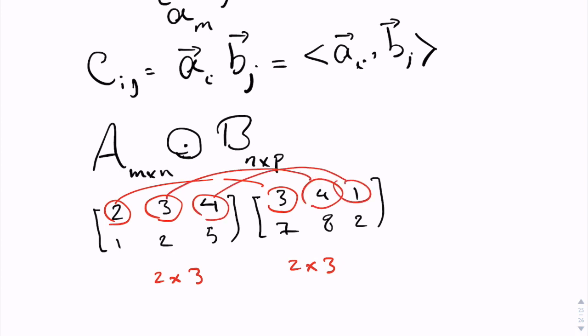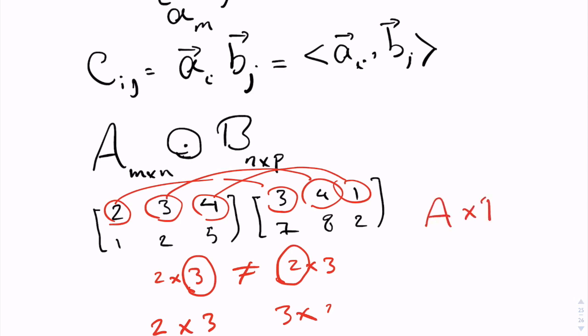The same for the second row, but I cannot do matrix multiplication because the number of columns of the first matrix is not equal to the number of rows of the second matrix. They're not equal. In order to be able to do this matrix multiplication, I need to have this matrix 2 by 3, and this one should be 3 by something, another number. So make sure that these two notations are different. In here for element-wise, we use a circle with a dot inside.